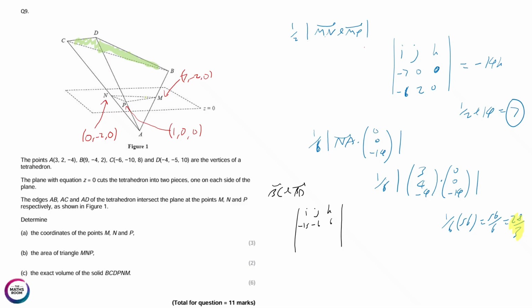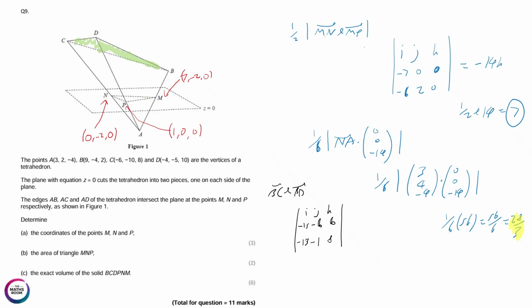Right, BD, so D minus B. D minus B is going to be minus 13, minus 1, and 8.